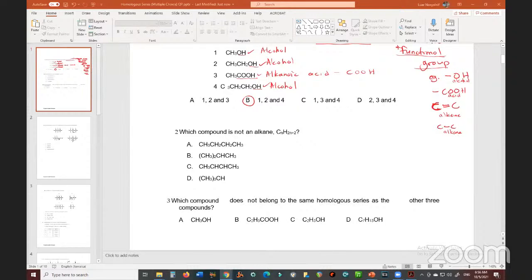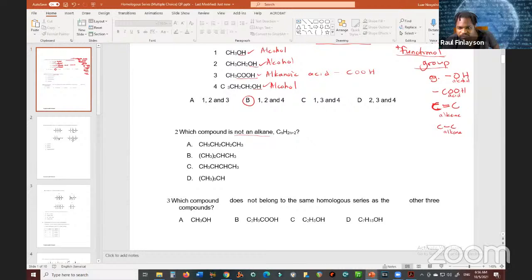Okay. I'm saying A. All right. So which compound is an alkane? A person saying A. Yeah. All right. No. What are you seeing here now?